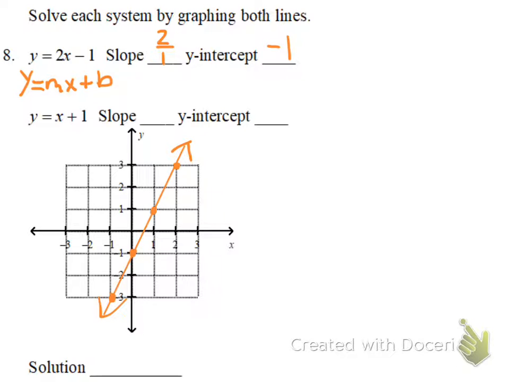Now for the second one, slope of 1 over 1, y-intercept of 1. We want to think of our slope as a fraction when we're graphing. So y-intercept 1, go up 1 to the right 1, and you can see where they intersect.